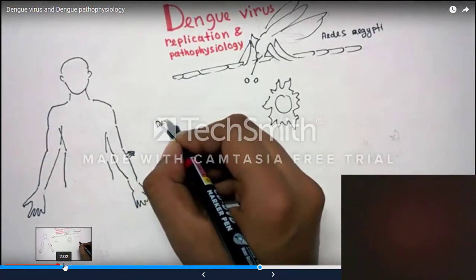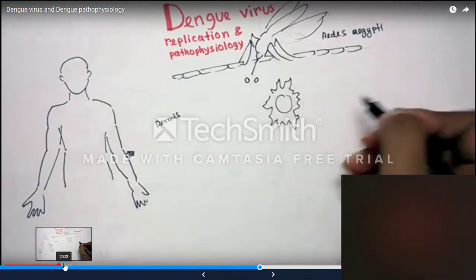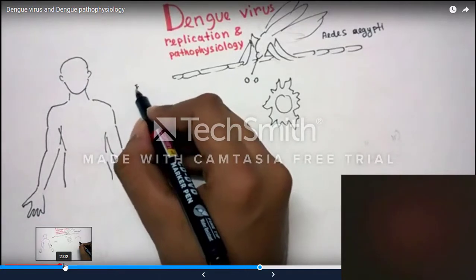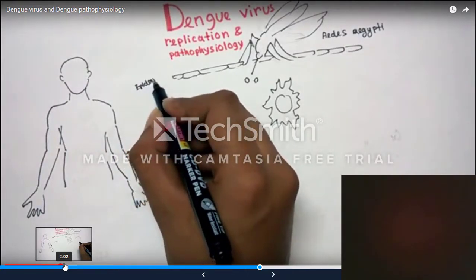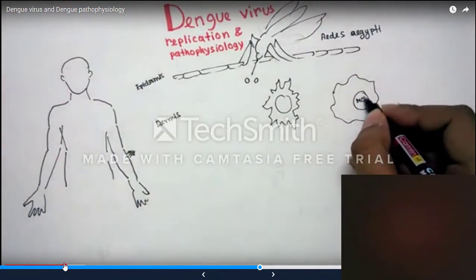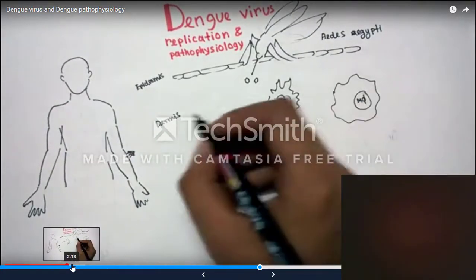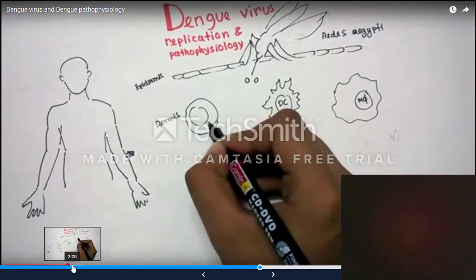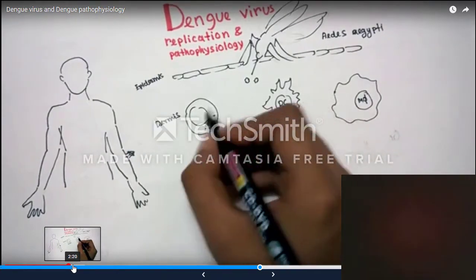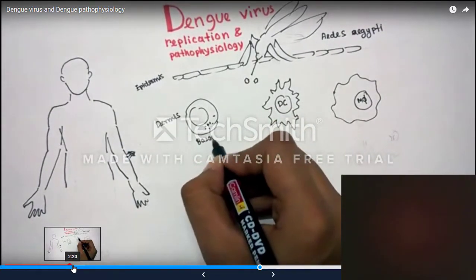In the dermis, we have some dendritic cells. This is our epidermis, macrophages denoted as M psi, and dendritic cells denoted as DC. Also, we have granule secreting basophils.